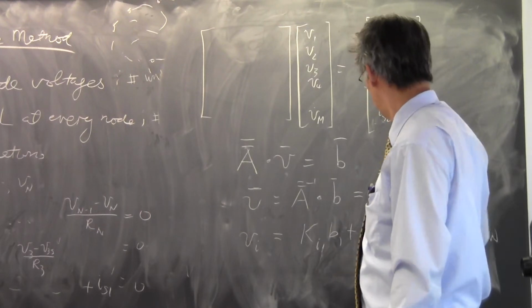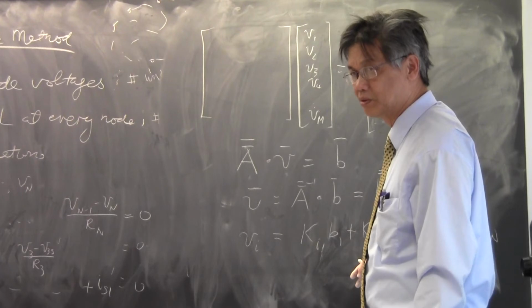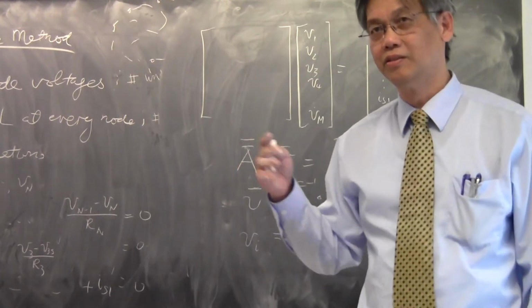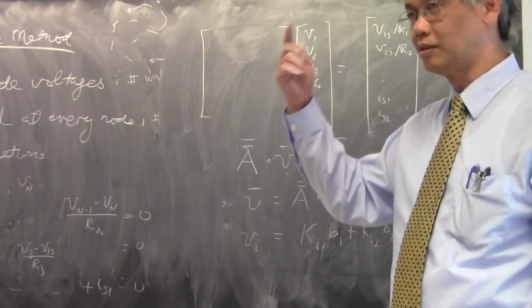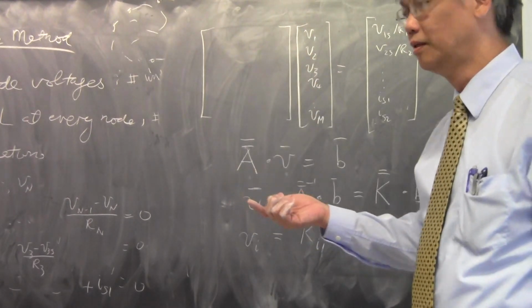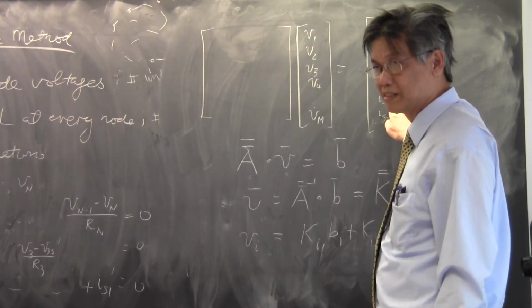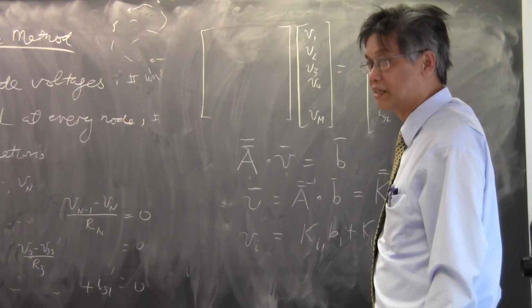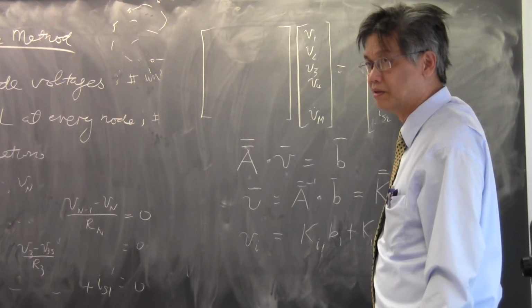If you have two sources inside, you can solve the problem one after the other by turning on only one source and turning off the other one. Okay, turning off the current source means setting it to 0, which is like making an open circuit. Turning off the voltage source is like setting the voltage to 0, which is like making a short circuit. Okay, that's what it means.